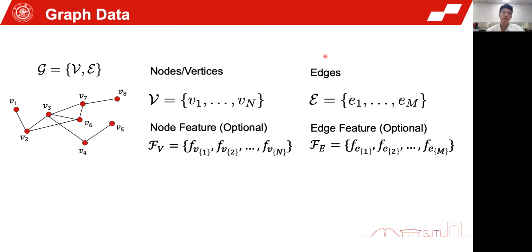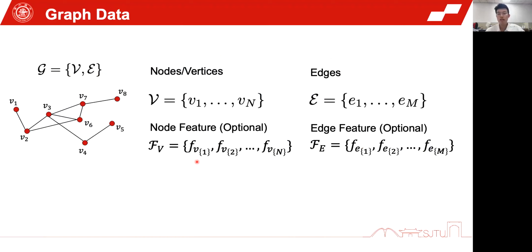Similarly, we can also assign features to edges. The edge features can represent edge direction, edge weight, different edge types, or the time step when the edge occurs, or something else.